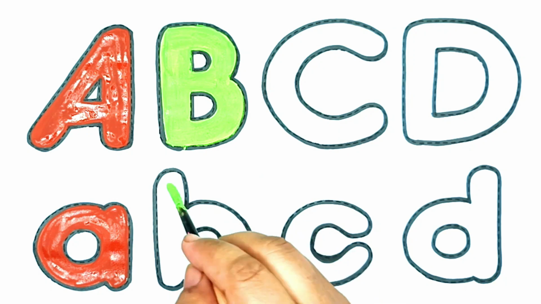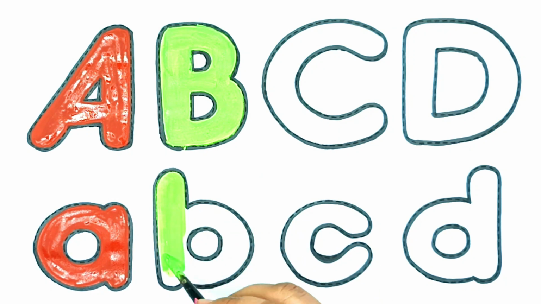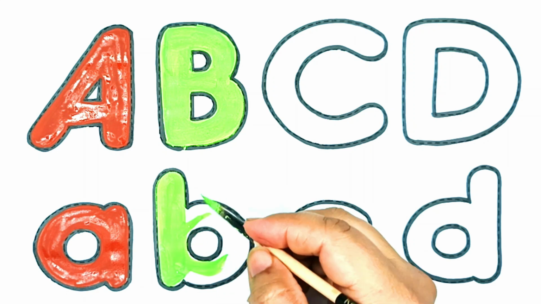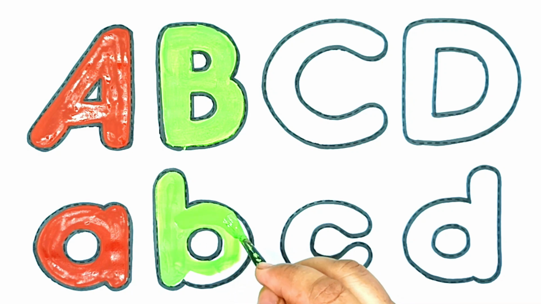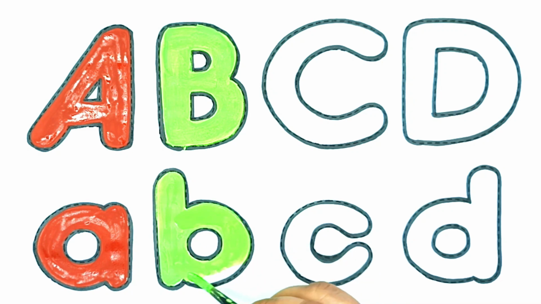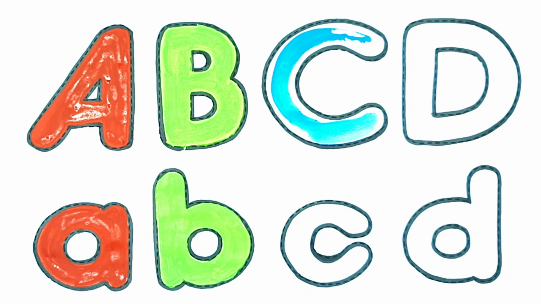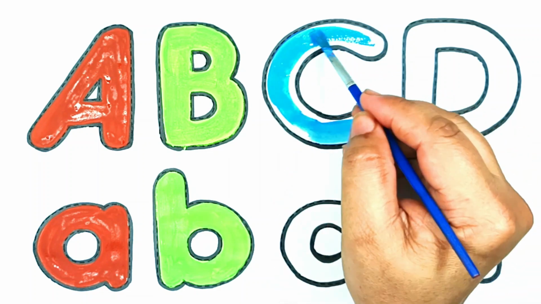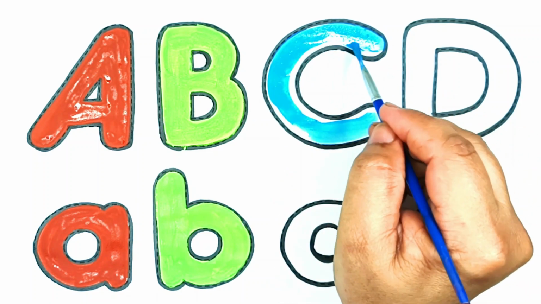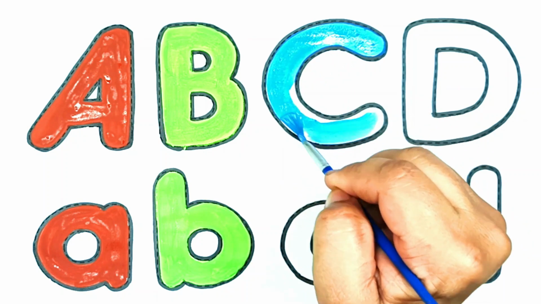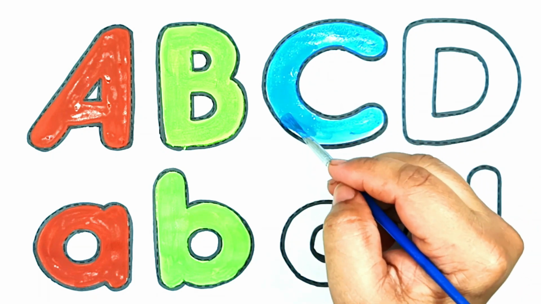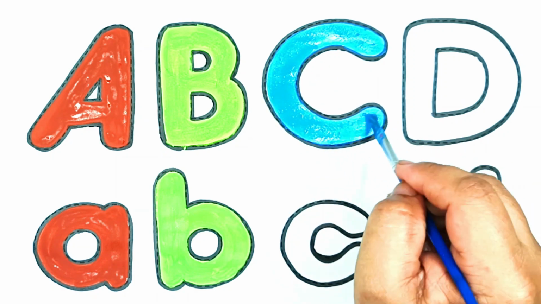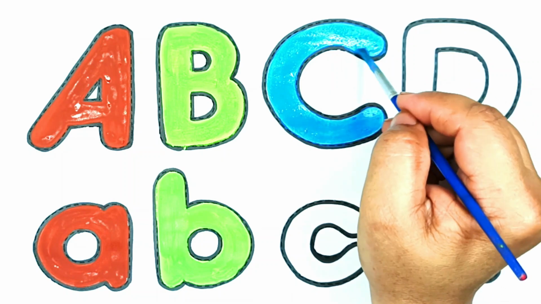B is for bat. B is for ball. C is for car.